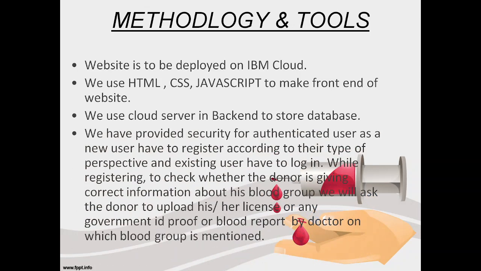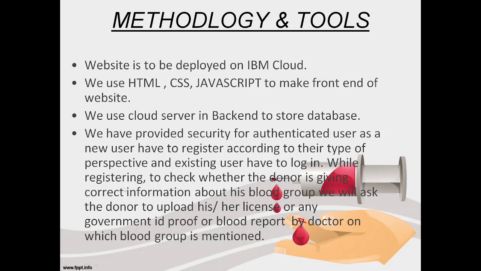And the next point is we have provided security for authenticated users. A new user has to register according to their type of prospective, and an existing user has to log in.